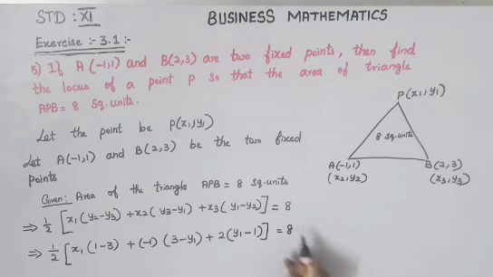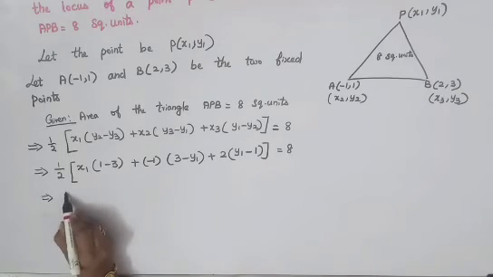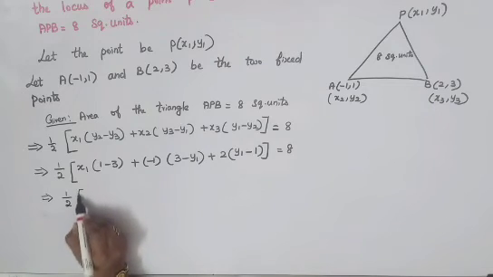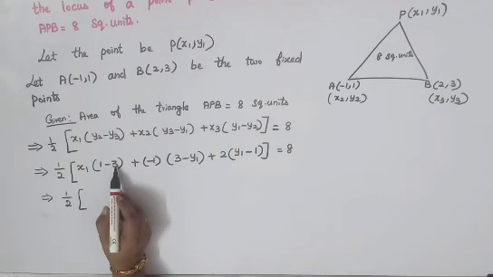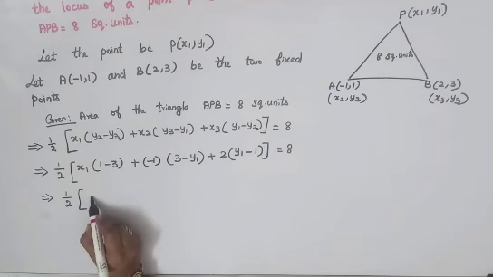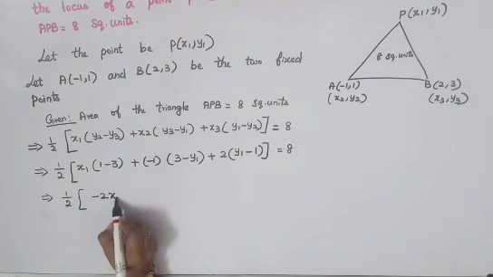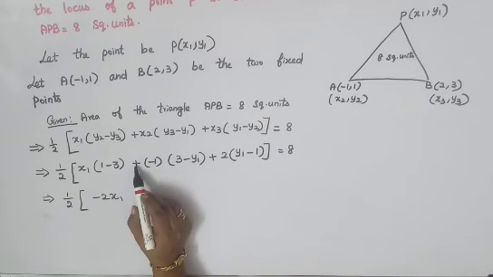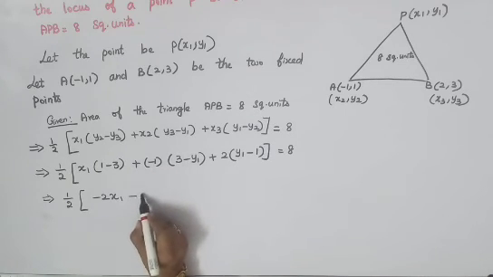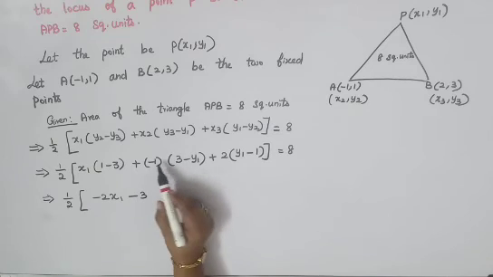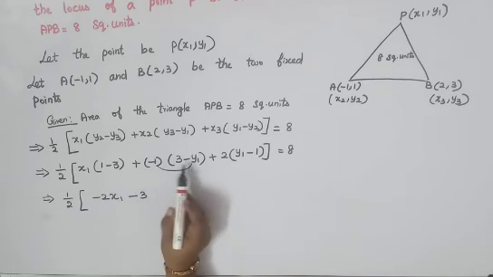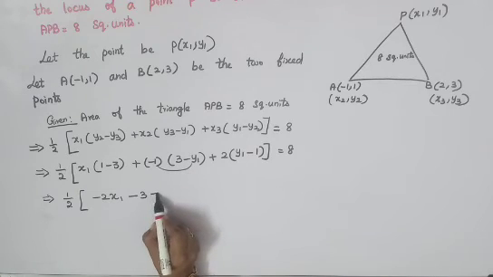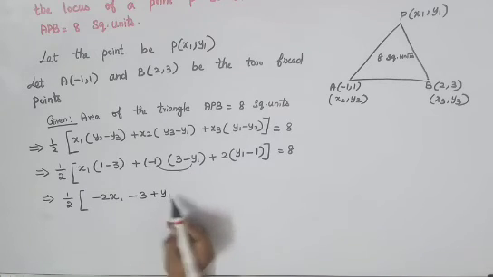Which is equal to again 8. So that implies 1 by 2 into, solve this, okay, 1 minus 3 will get minus 2. So minus 2 into x1 will become minus 2x1. Minus 1 into 3 will become minus 3. So plus into minus again minus 3. And minus 1 into y minus y1. Okay, so minus into minus will become plus. So I will get plus y1.